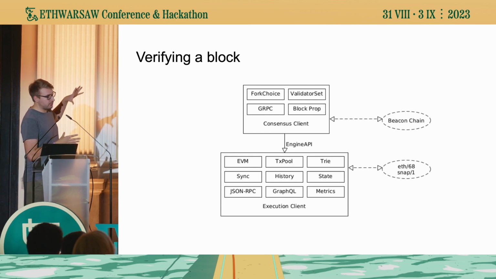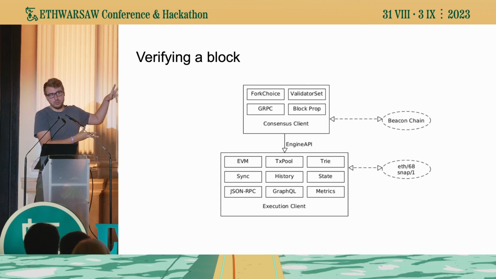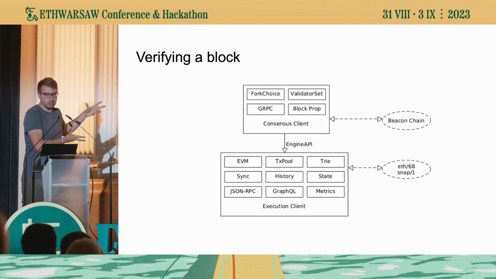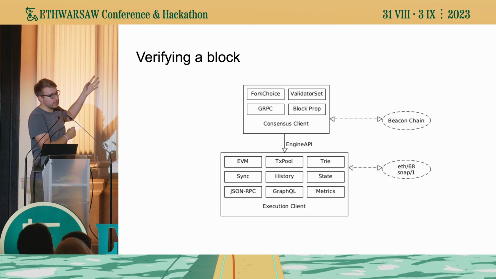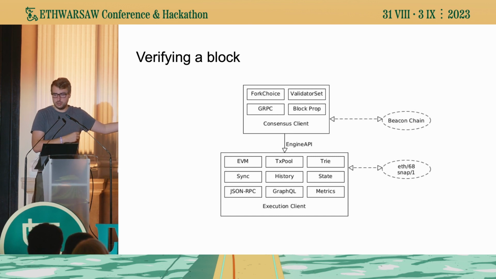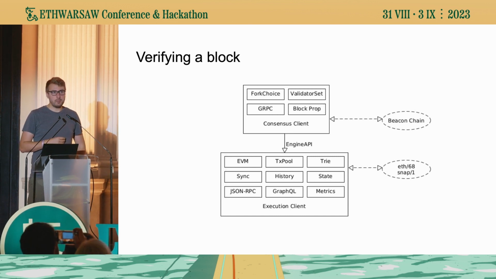So this is roughly how your node, if you run an Ethereum node, looks like. Post-merge you have two nodes: the consensus layer node and the execution layer node. The consensus layer node basically tells the execution layer node what to do.